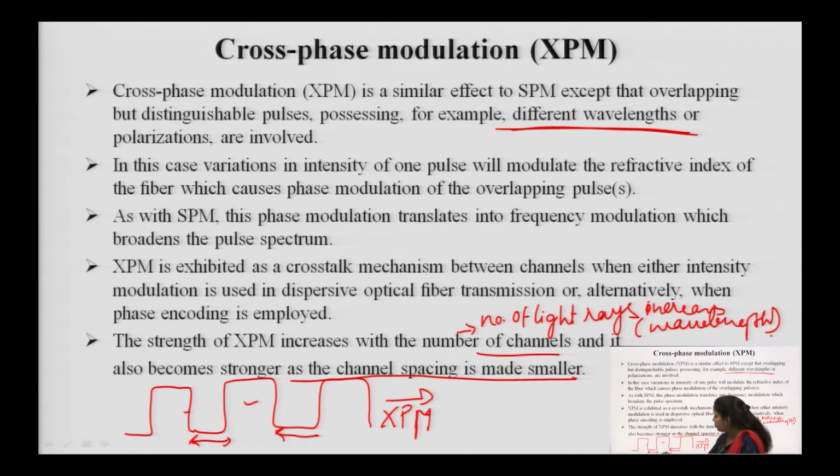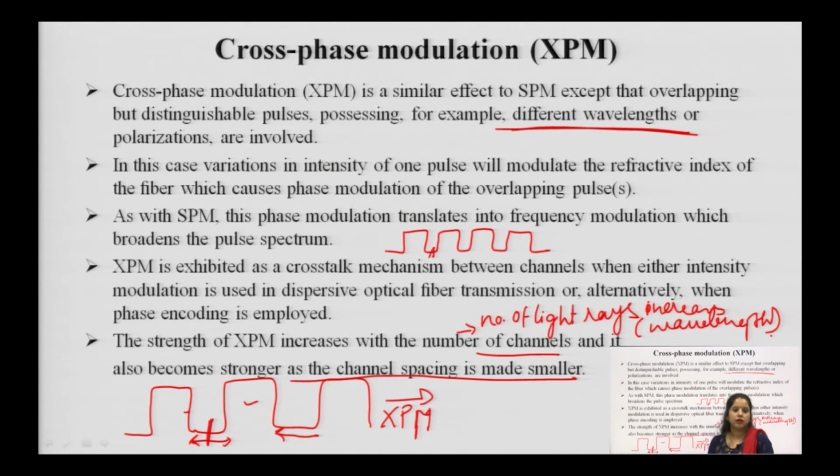It takes time because this distance is more, but if we reduce this spacing between the two pulses, then overlapping takes less time. That is why it is saying that XPM increases with the number of channels and becomes stronger as the channel spacing is made smaller.